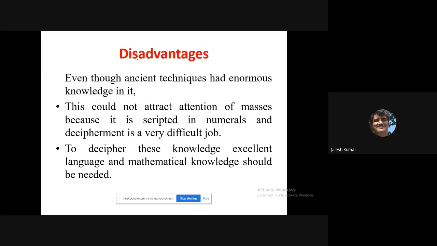And the problem here is, even though ancient techniques had enormous knowledge in them, so many different ideas, numbering system, the language and vowels, consonants, in-depth knowledge about the particular language, words, all these things make different complexities for the technique.